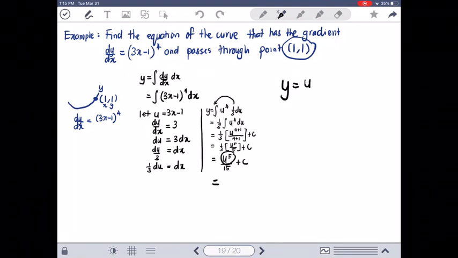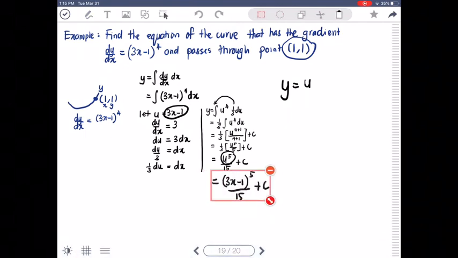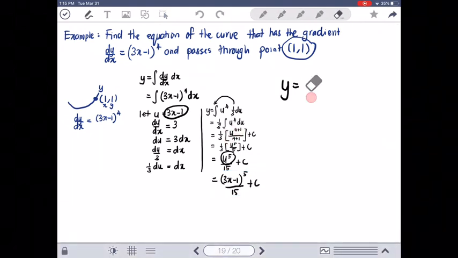We need to substitute back for u. u is just equal to 3x minus 1. Therefore, it becomes 3x minus 1 to the power of 5 over 15 plus c. Okay. So now we have y equals 3x minus 1 to the power of 5 over 15 plus c.